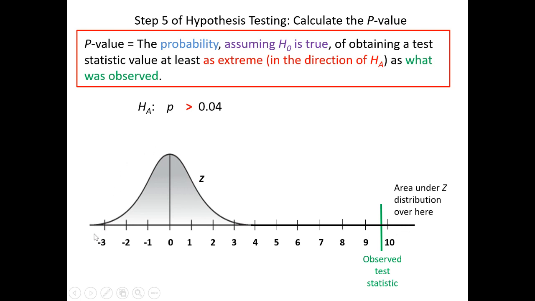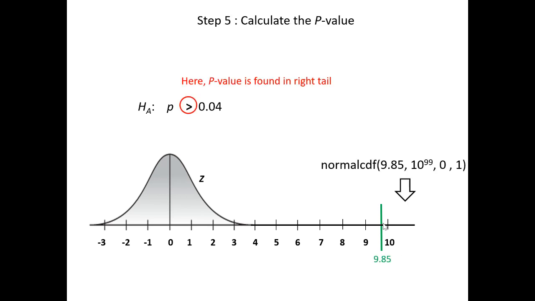I'm sure everybody in Stat 1 found the area under different parts of the z-curve. Just at a glance, I can tell you that this right tail way over here is going to be pretty close to 0. Some classes use the calculator function like normal CDF to find that area. Other classes might have used a statistics table.